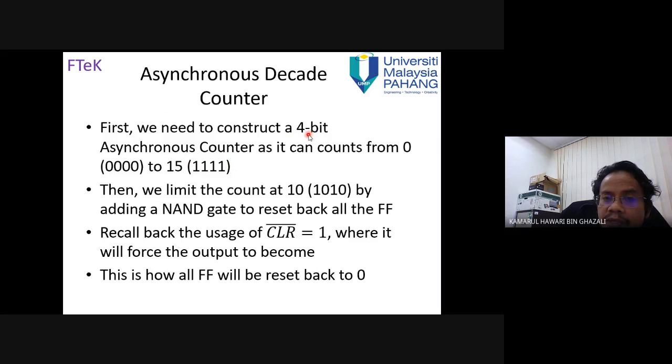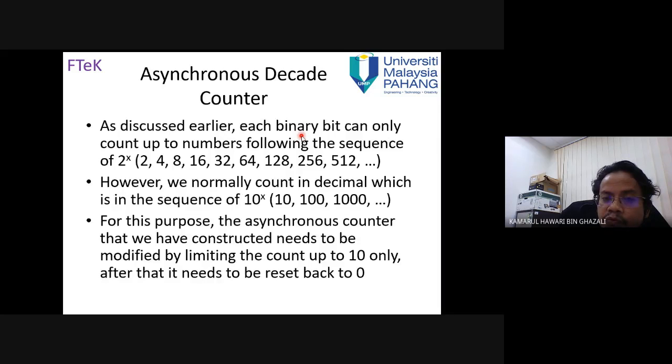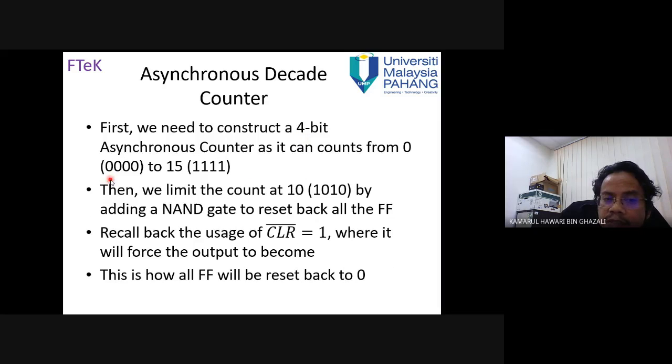For example, kita ada 4 bit. So 2 to power of 4 supposed to be 16. So dia count antara 0000 to 1111. But we want our counter to count from 0 to 10 only. So we need to add NAND gate so that it can reset at 10 by using CLR.